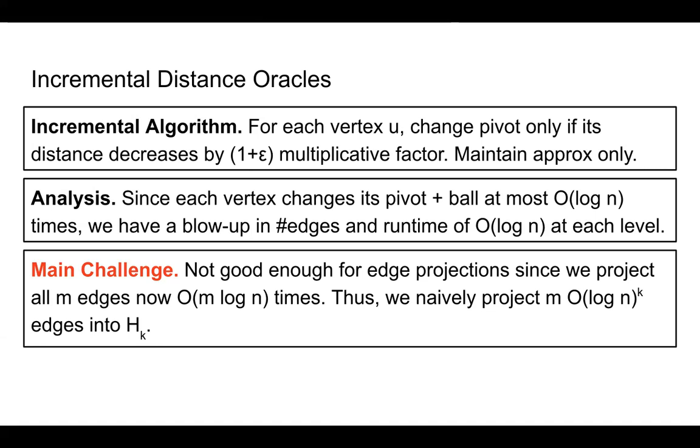And thus, if you're projecting naively, after k levels each edge from the original graph was projected log n to the k times. And even for k being log n, this will be a subpolynomial and not a logarithmic factor anymore.